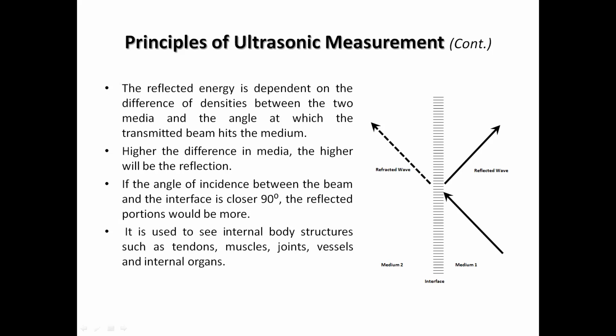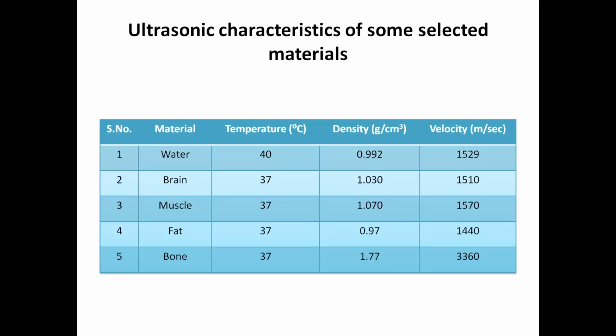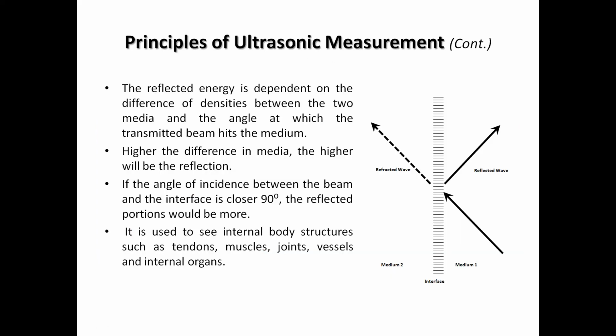So the reflected energy purely depends on the density factors for medium 1 and medium 2. Because we have various media, for example water, brain, muscle, fat, bone. Likewise, the reflected energies depend on the densities between the two media and the angle at which the transmitted beam hits that medium.